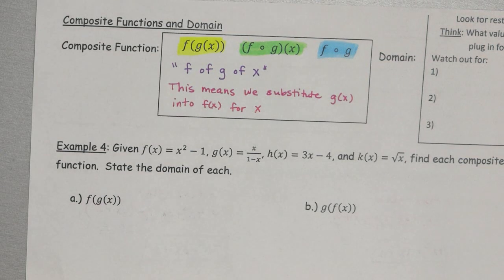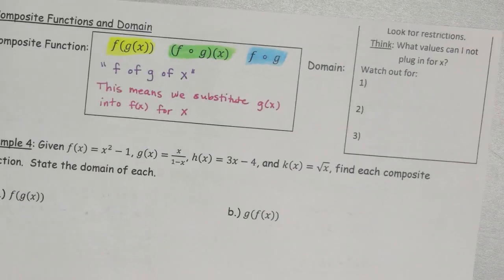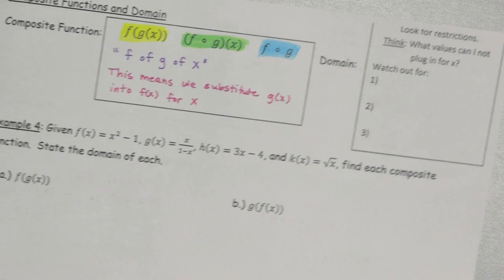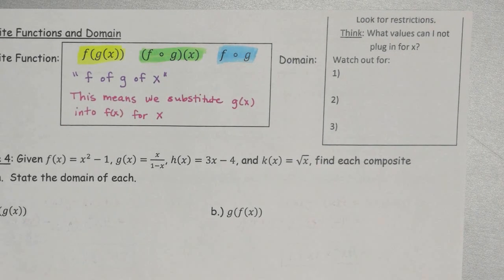So we're going to substitute a whole equation in for x, not just a number anymore. We're going to put a whole equation in there. Okay? And then you're also going to be asked about the domain of this new function once you simplify it. So with the domain, remember the domain is the set of what?